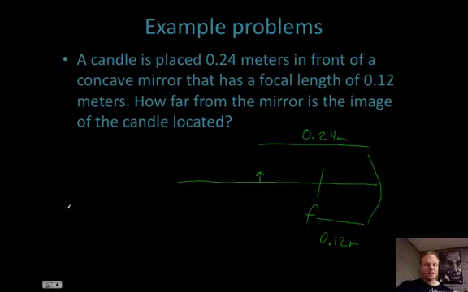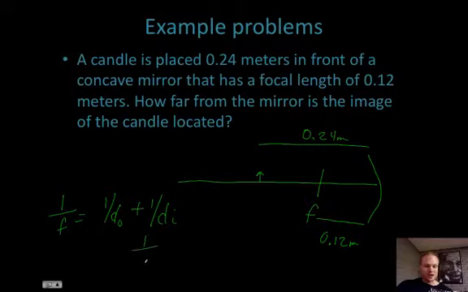So I'm going to use the mirror equation, which basically says 1 over f equals 1 over do plus 1 over di. And di, the distance of the image, is what I'm trying to find out. If I plug in my numbers, I get 1 over 0.12, which is just 1 over the focal length. Then I bring the do over to this side, so I subtract 1 over do from the right, and we do the same to the left.